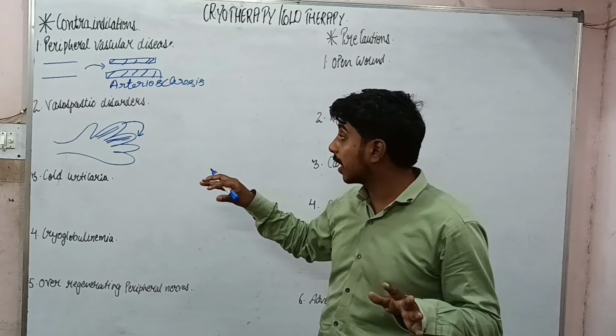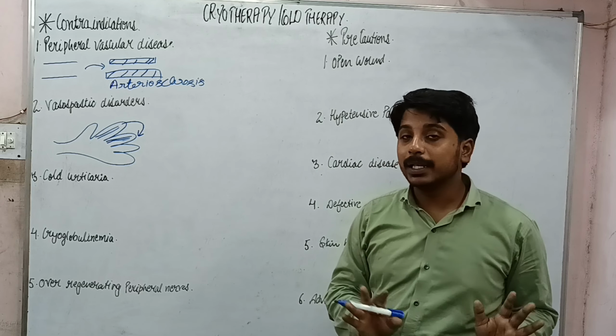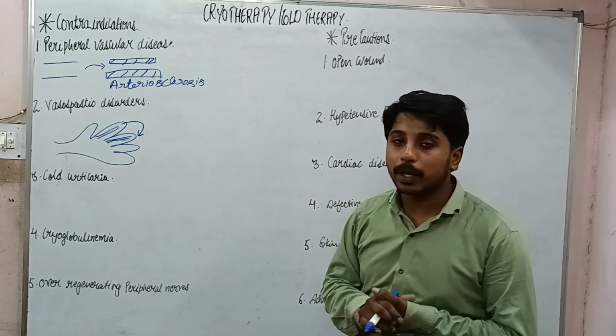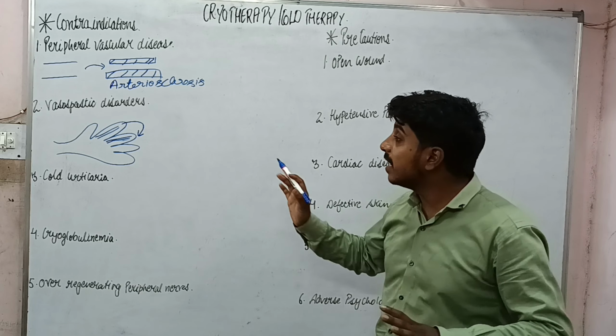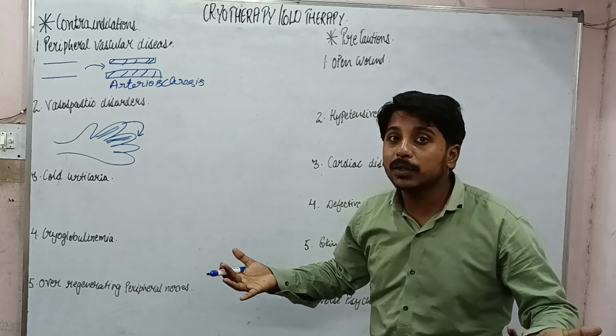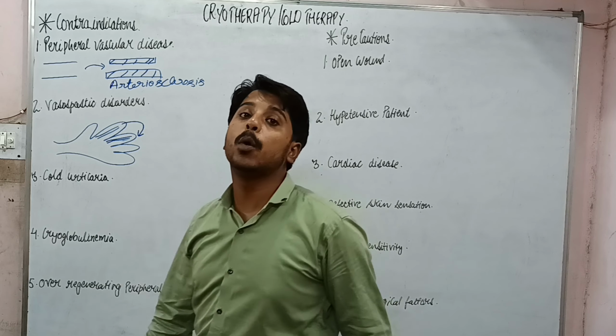So there can be cyanosis also, and you might have studied about this particular disorder. One more thing which is a good explanation is that many studies explain that this Raynaud disease occurs due to cold exposure.